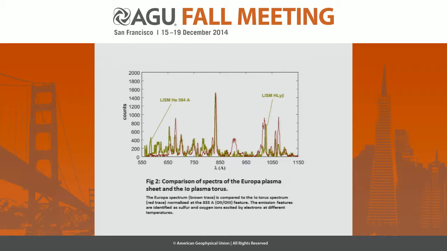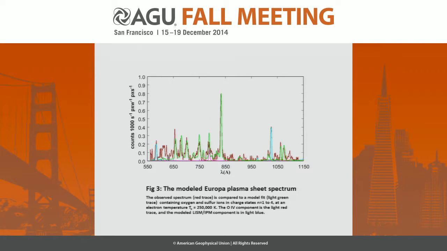This is a normalization of Europa against the Io plasma torus, and everything lines up except for this feature here, which we never model. But, you know, it's going to be oxygen, probably ions. And so the difference is temperature between these two spectra.